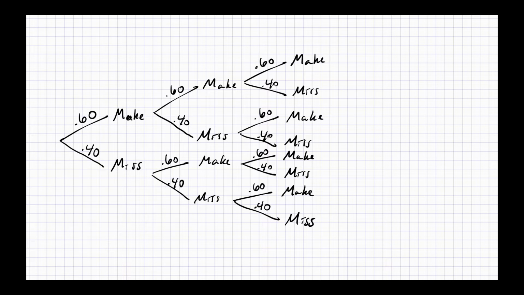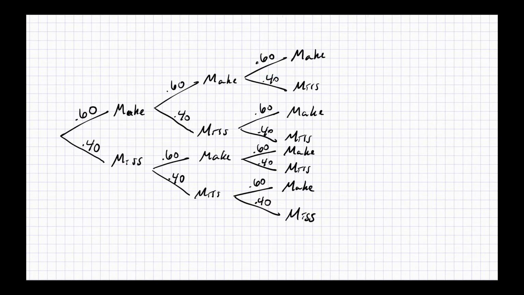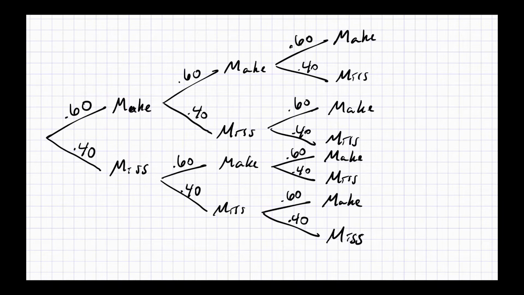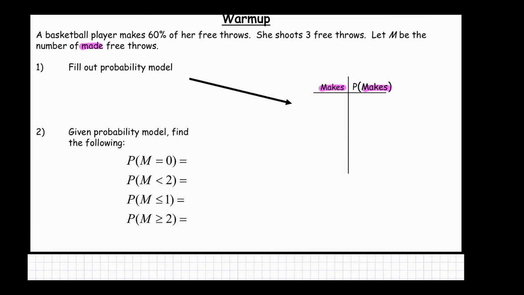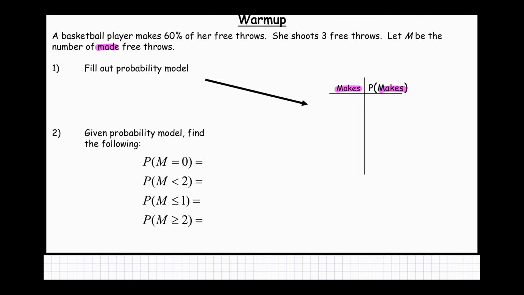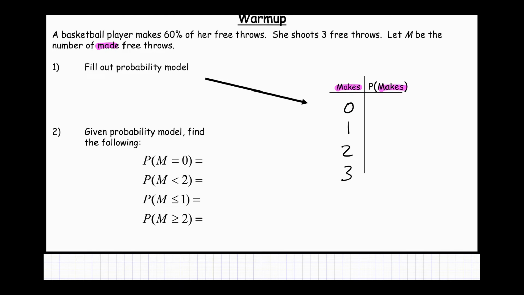Okay, so what are the possibilities in terms of makes when she shoots 3 free throws? She could make 0, all misses. Make 1, make 2, and make 3. She can't make more than 3 because she's only shooting 3 times. So we stop there.